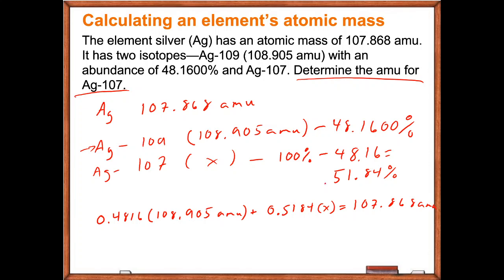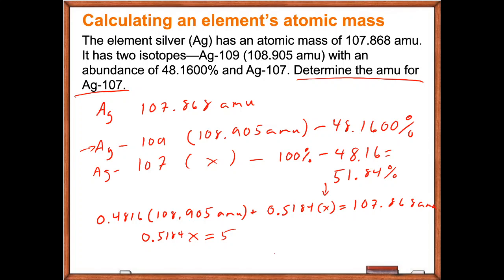So what we need to do now is solve for x. If you go through and do some simple algebra here, what you'll end up with is 0.5184 times x is equal to 55.4180.